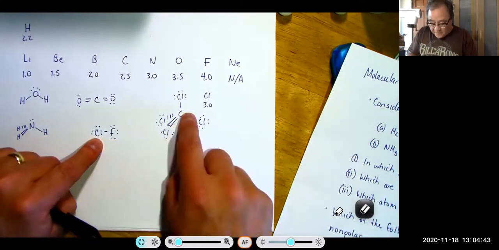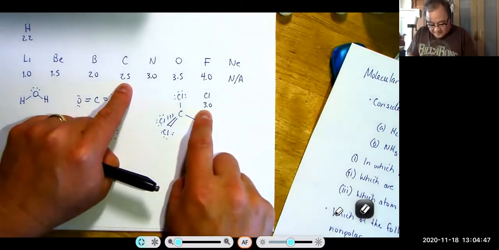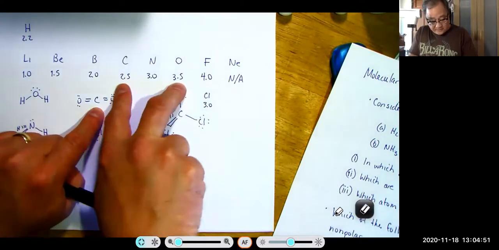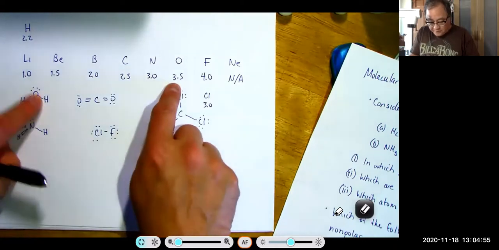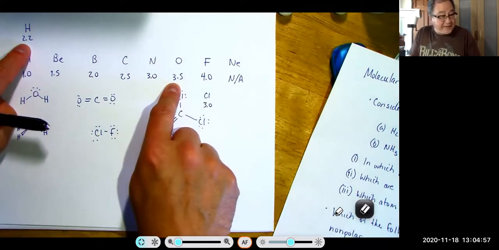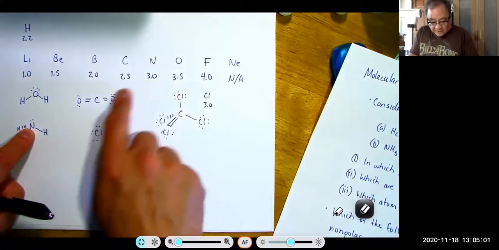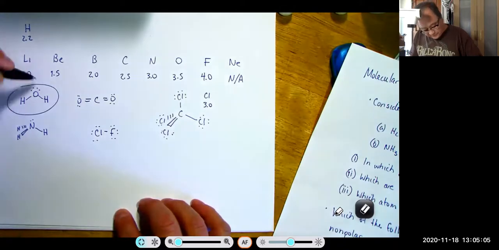How about carbon and chlorine? It's a difference of half. How about carbon and oxygen? It's a difference of 1. How about oxygen and hydrogen? That's a difference of 1.3. What about nitrogen and hydrogen? That's a difference of 0.8. So this is the most polar.